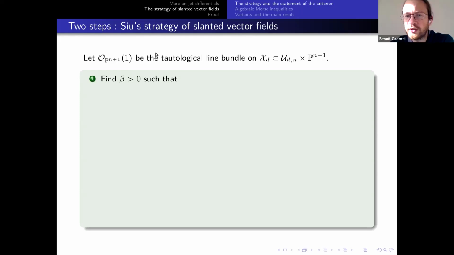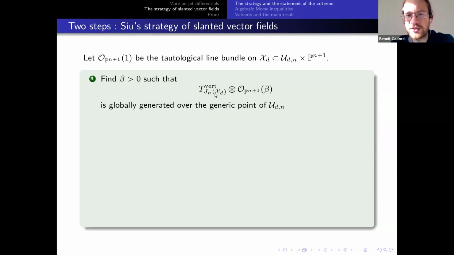First, you need to find vector fields on the universal family of hypersurfaces, and more precisely, vector fields on their nth jet space. So here, what it means is that you need to look at the tangent sheaf to the nth jet space of the universal family of hypersurfaces, tensored with something which should account for the poles you allow for your vector fields.